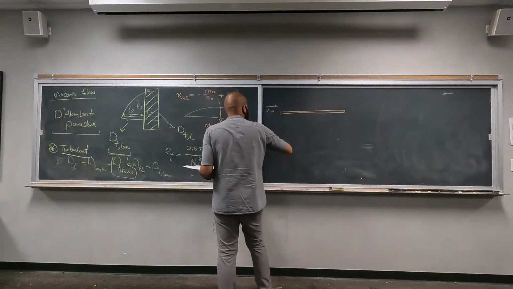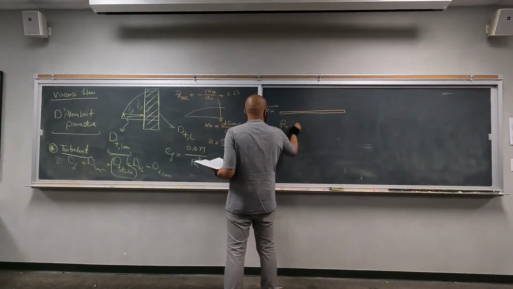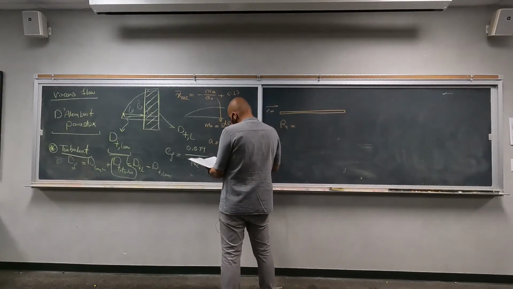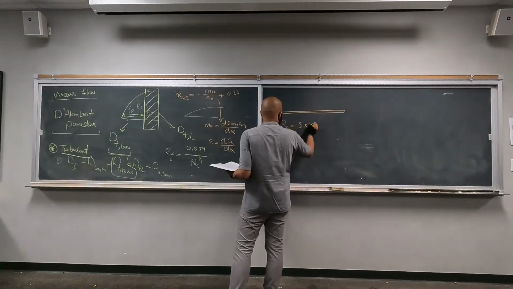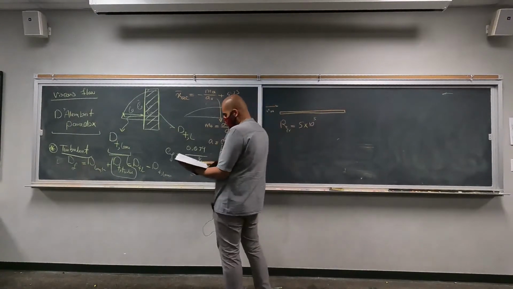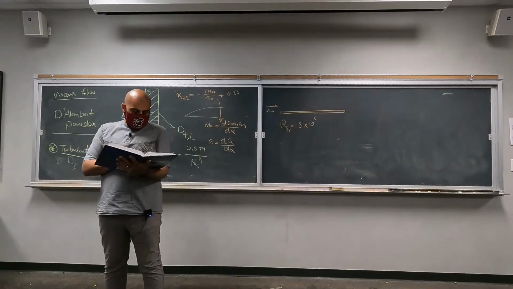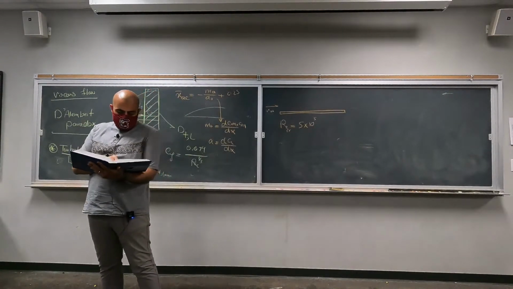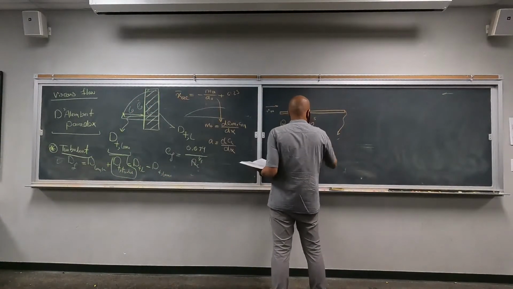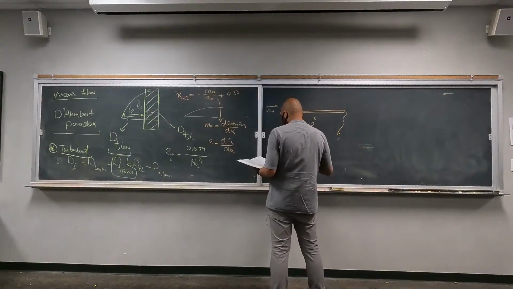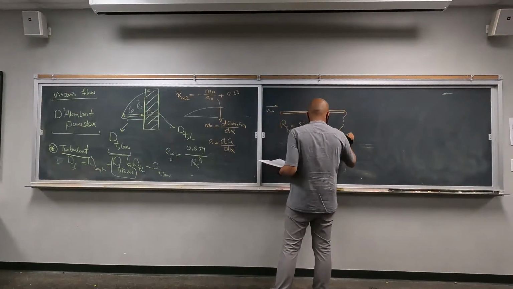And the critical Reynolds number is 5 times 10 to the power 5. Let me give you the other dimensions. The Reynolds number at the end is given to us to be 3.1 times 10 to the power 6.